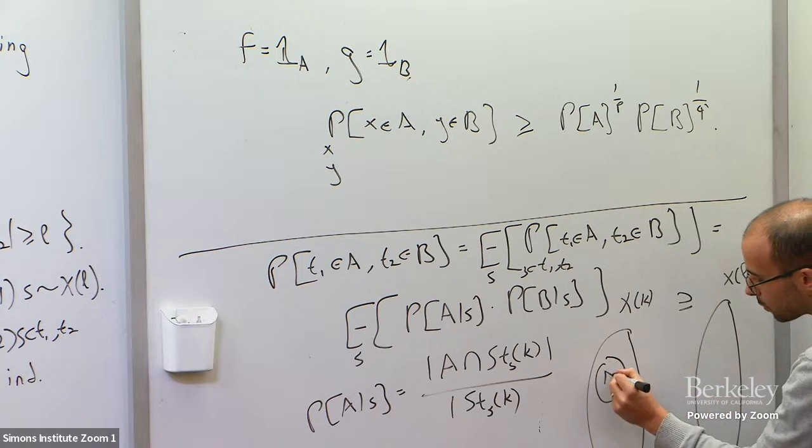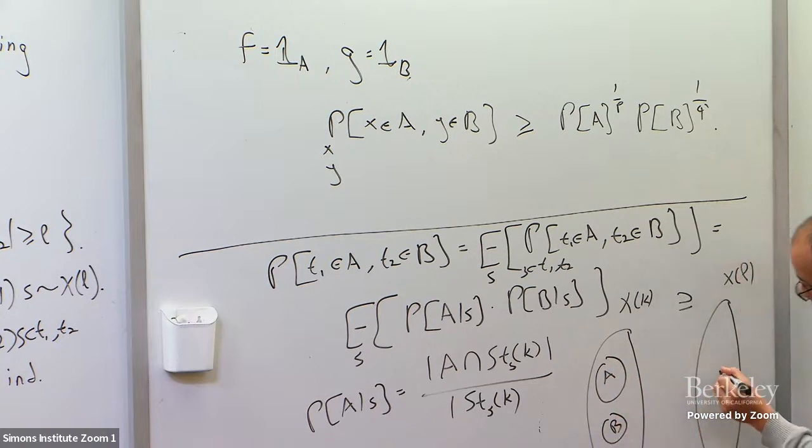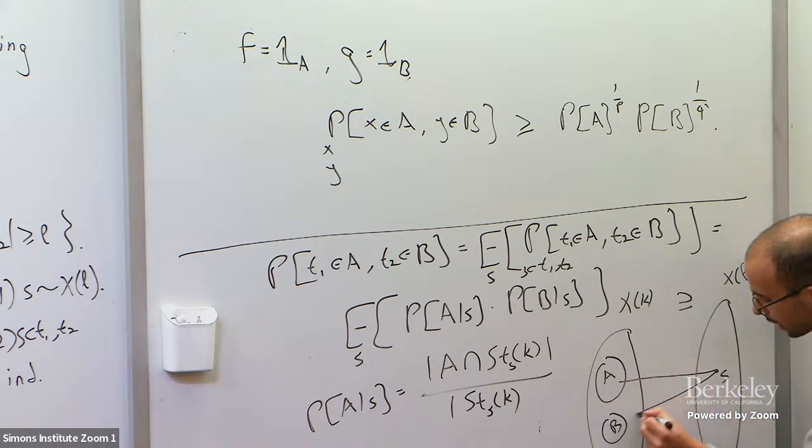And we have two sets here, A and B. This expectation is really asking the question, how many S's see in their containment neighborhood, or in their star, A and B with at least some noticeable or non-negligible probability.